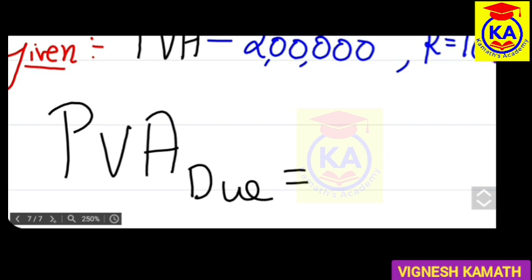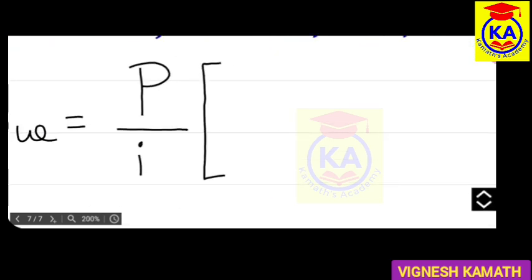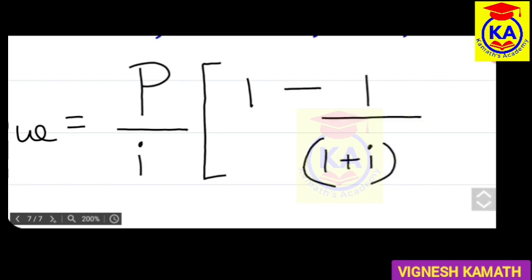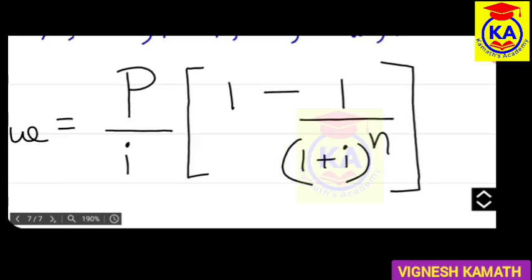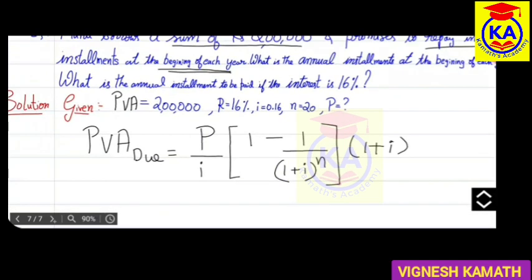So what is the formula? The formula is P by I, bracket 1 minus 1 by 1 plus I to the power n, into 1 plus I. For due, you have to multiply by 1 plus I. Now you have to substitute the values.